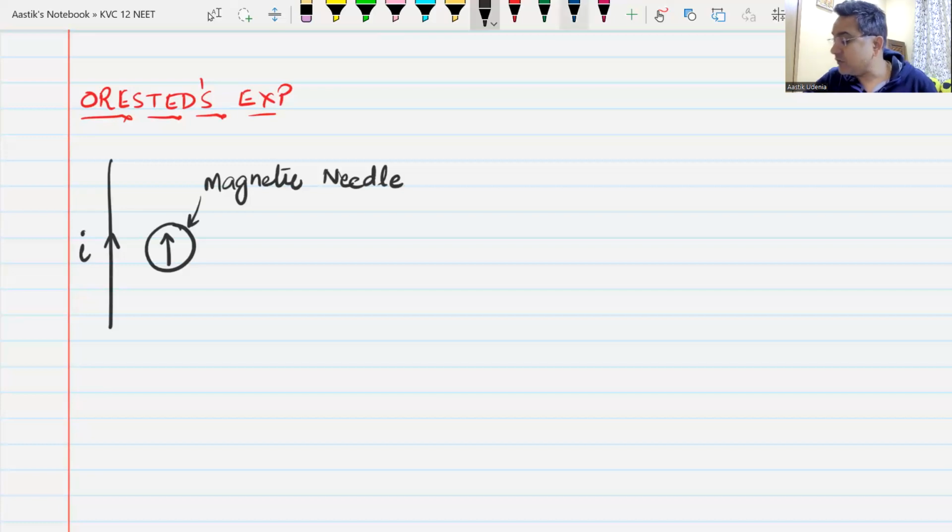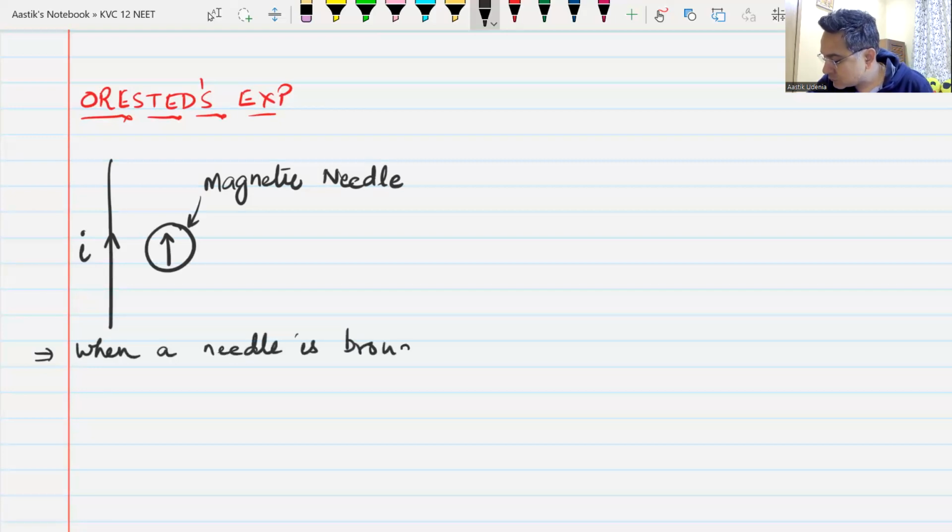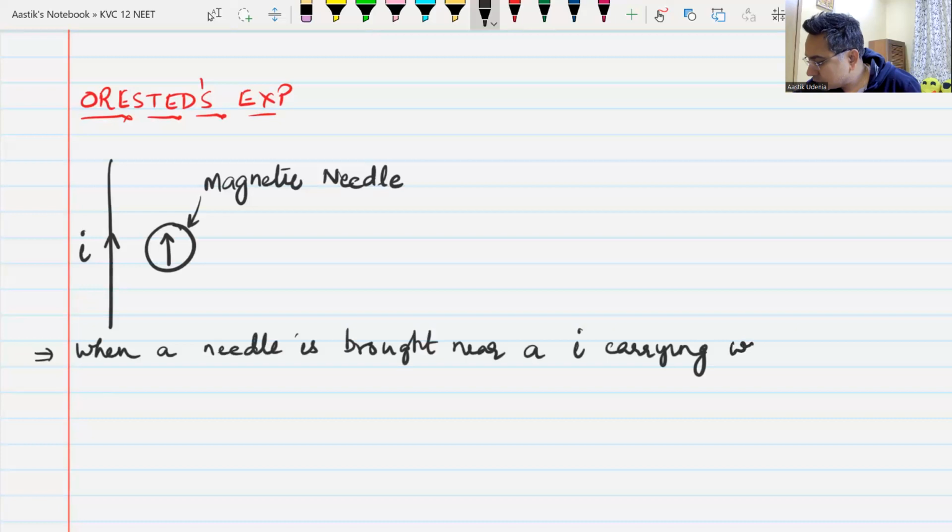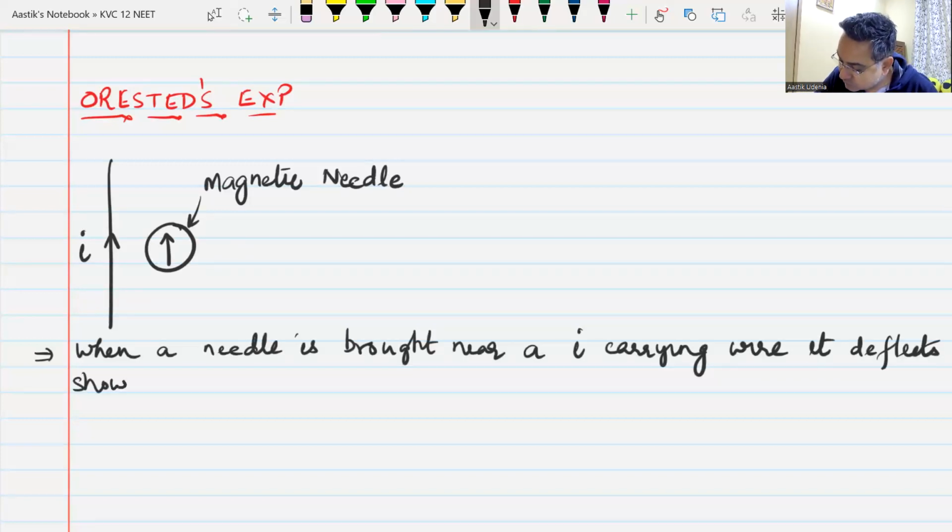What did he find out? He found out that when a magnetic needle is brought near a current carrying wire, it deflects, showing the presence of B. You understand the meaning of B?